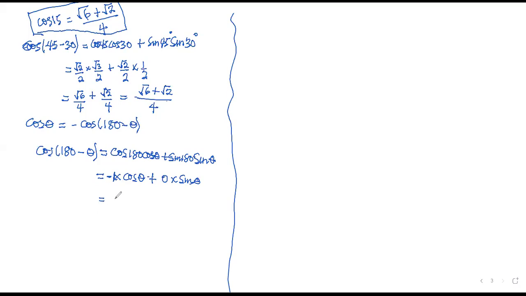So -1 times cos theta is equal to negative cos theta. 0 times sine theta is 0. The whole thing is equal to negative cos theta. What it means is that when you expand cos of 180 minus theta, it is equal to negative of cos theta.